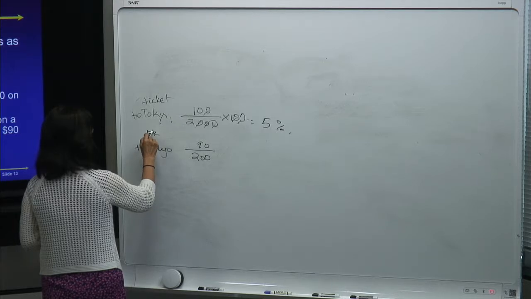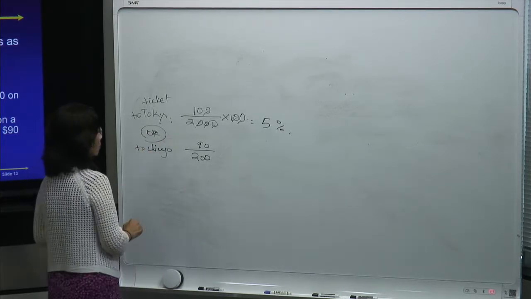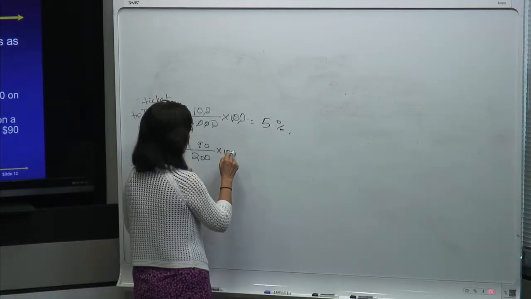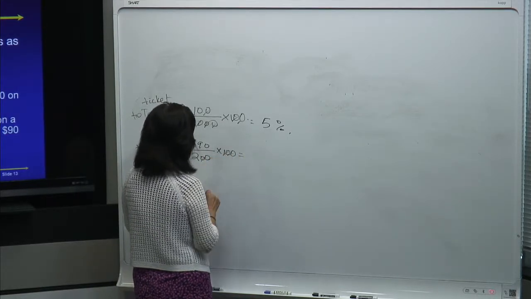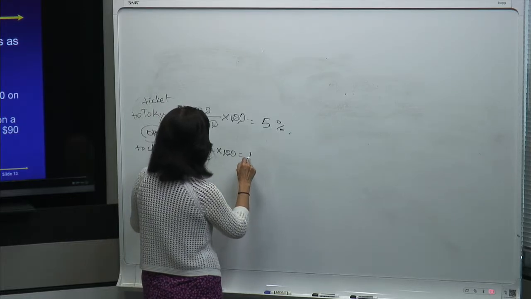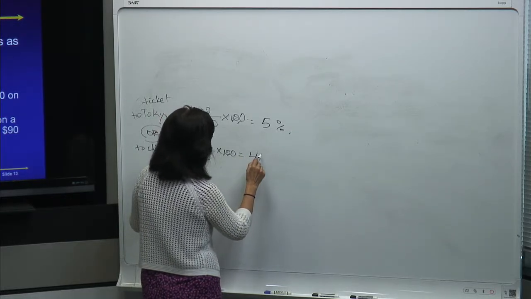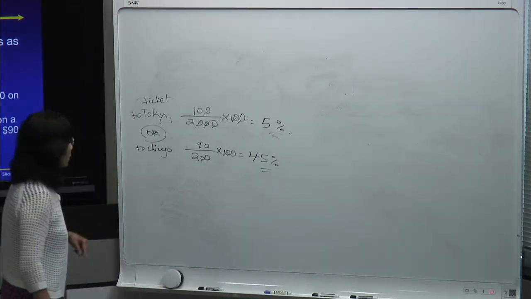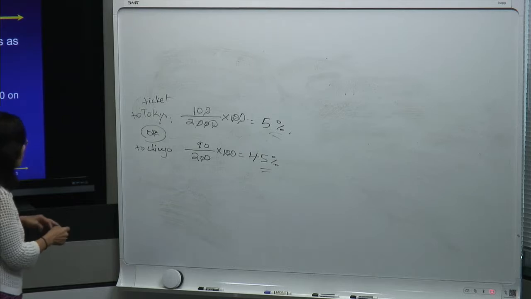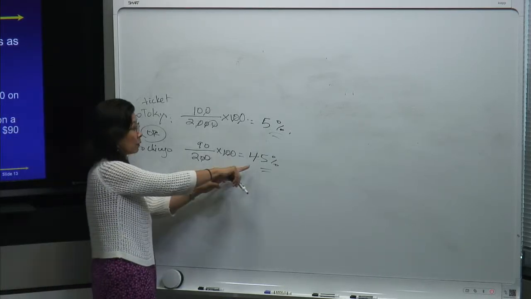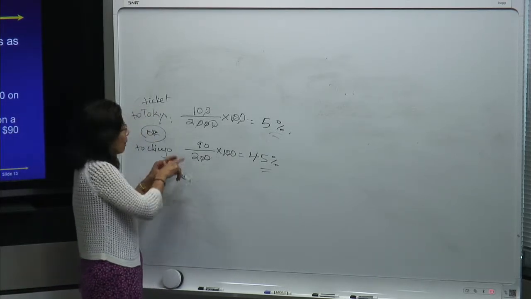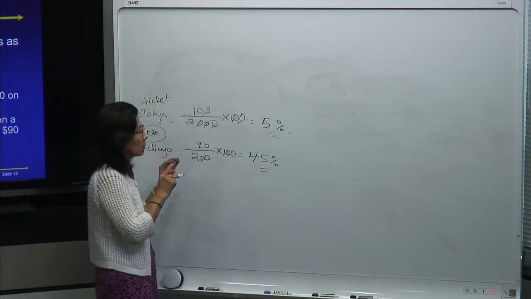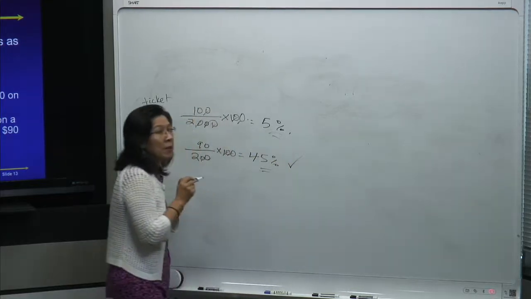Again, to calculate the percentage saving, you multiply by 100. So this becomes 45%. Most of you, when you look at this number, say, oh look, the ticket to Chicago saves you 45%, but the ticket to Tokyo only saves you 5%. Most people will conclude that this is the better choice.